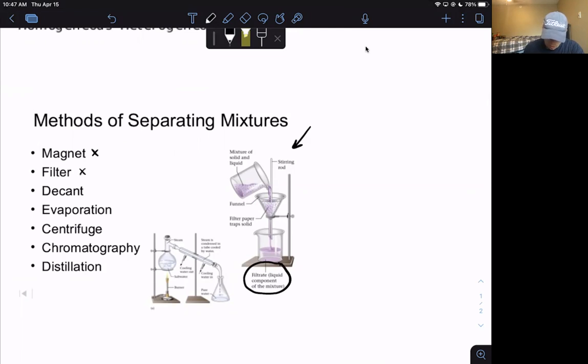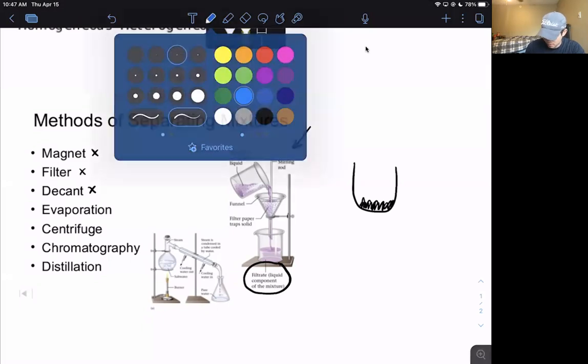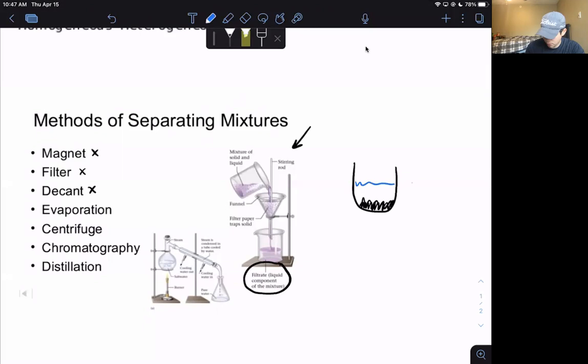And moving on, you have decanting. Decanting is something that you've all probably done. If you had a glass and there were rocks on the bottom and you wanted those to stay, you just tip the glass over and pour out the water from the top.